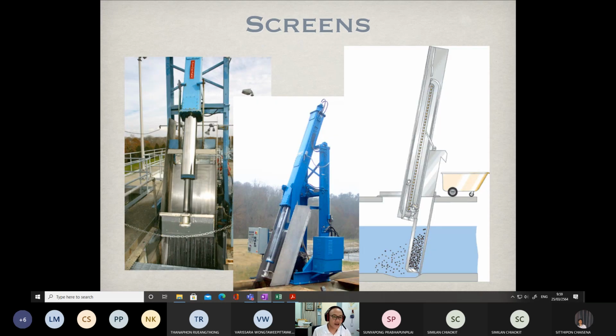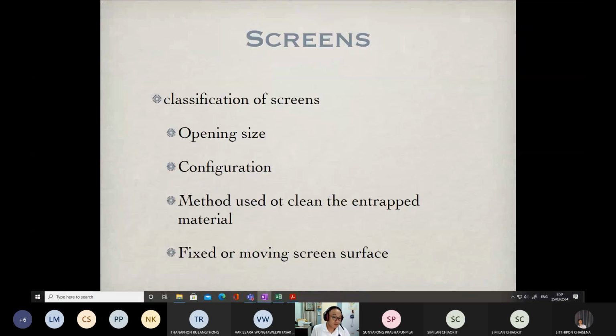In these figures, this screen is probably a coarse screen based on the opening size. For the fine screens, the opening size may be just a few millimeters. But for the coarse screens, the opening size may be 1 centimeter, or up to 5 centimeters.